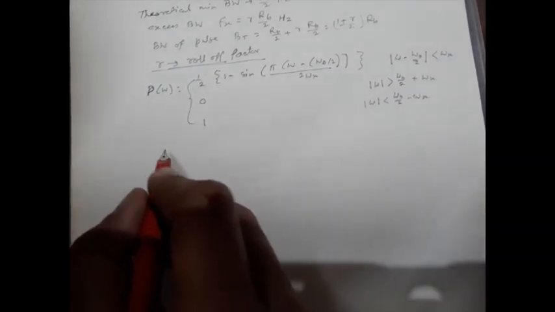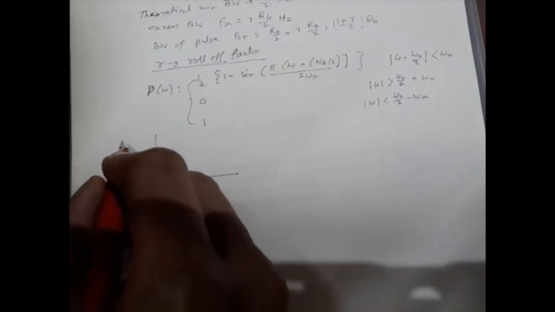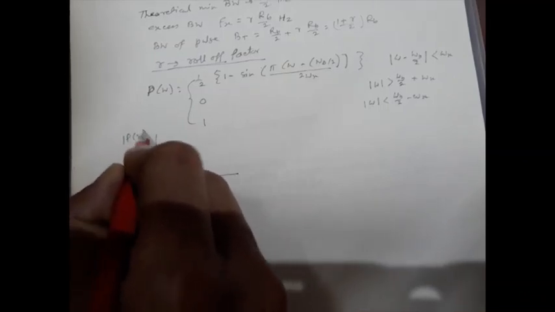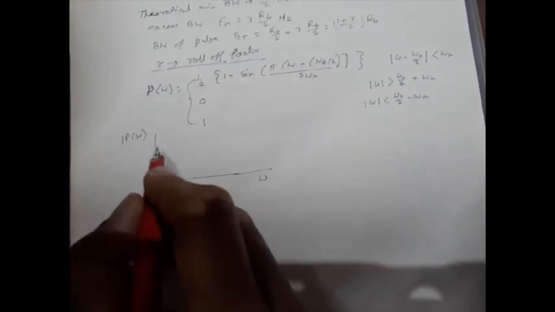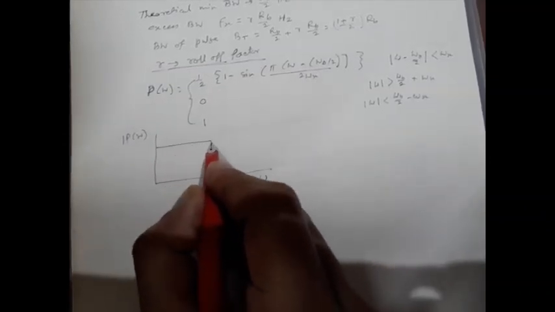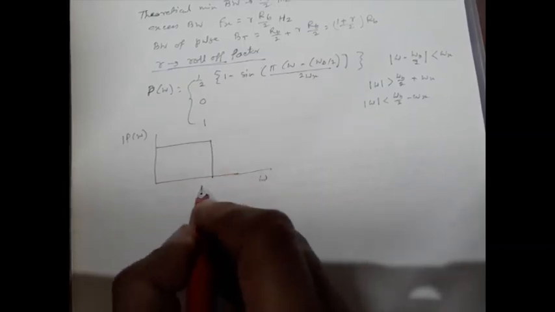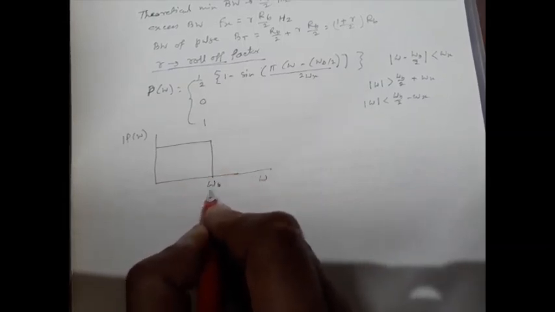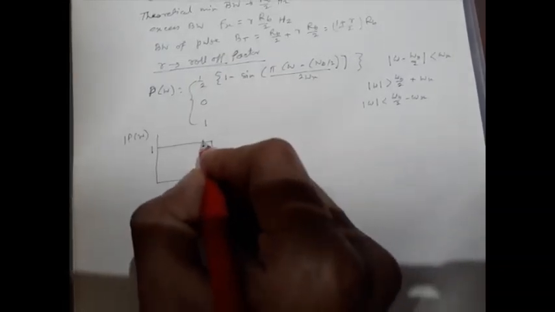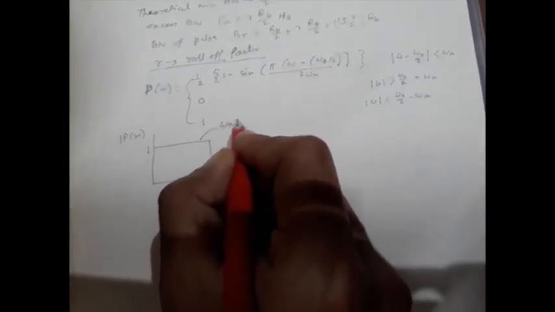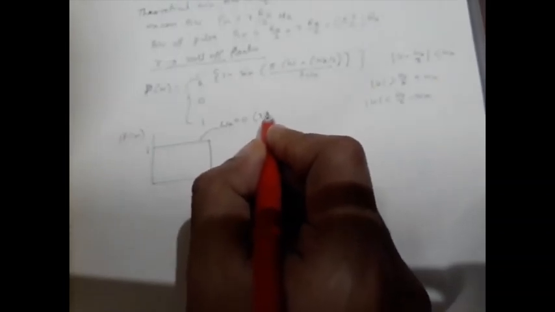So if you plot this pulse, only the magnitude part, a one-sided magnitude plot, this one is say omega b by 2, this is 1, and that is omega x equal to 0, meaning r equal to 0.